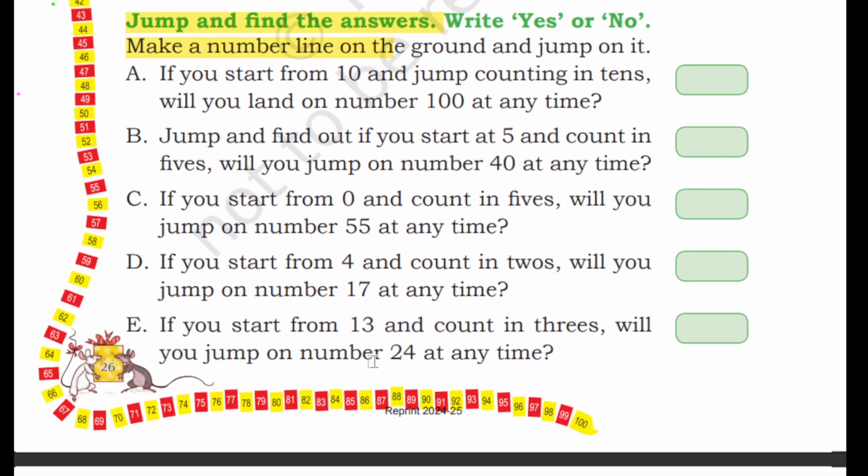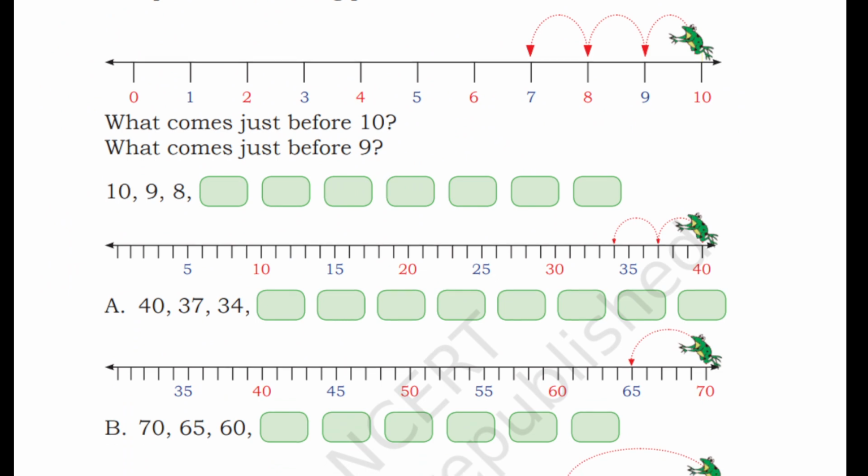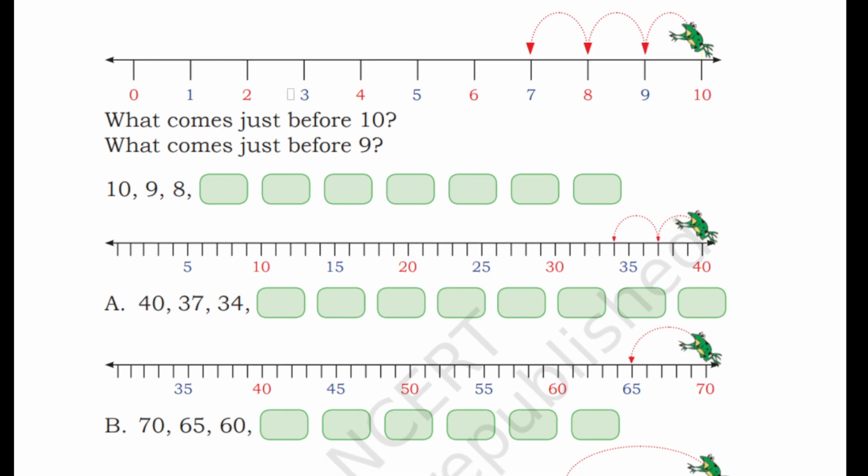So what they are doing, if you start from 10. So imagine that you have a number line here. So see this number line. So this number line they have marked with 1s to 10. So imagine that there is a number line with tens.